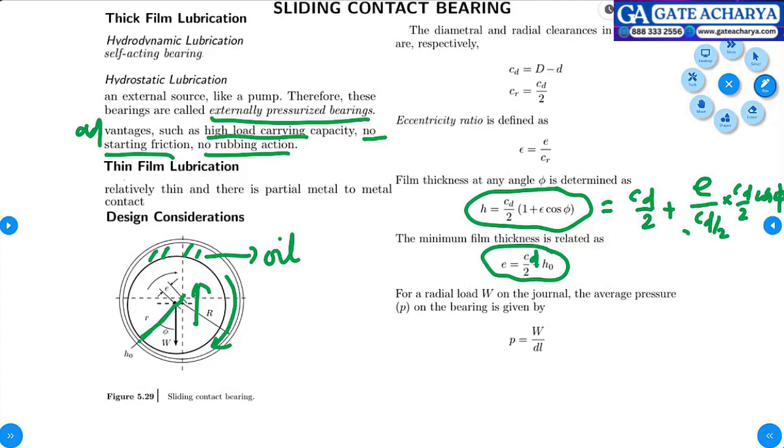So at an angle phi, this distance plus this distance is nothing but your clearance.